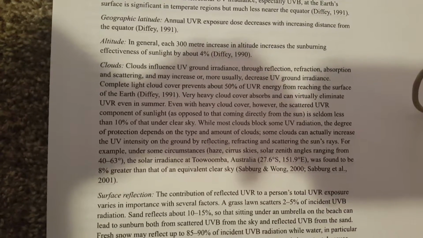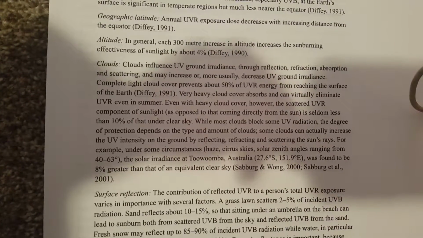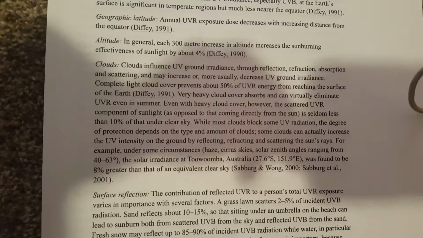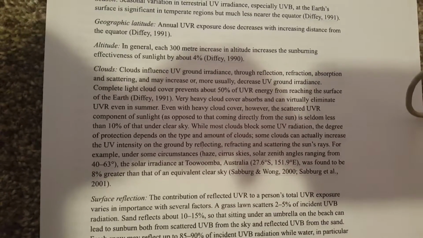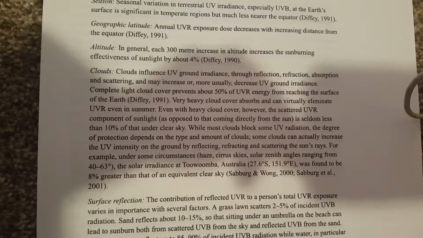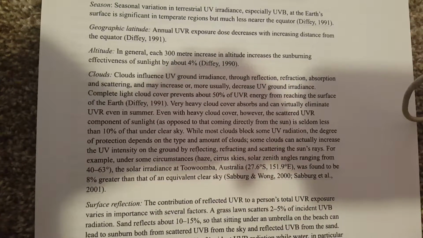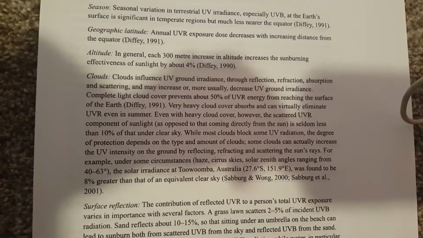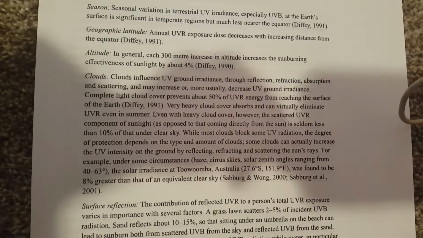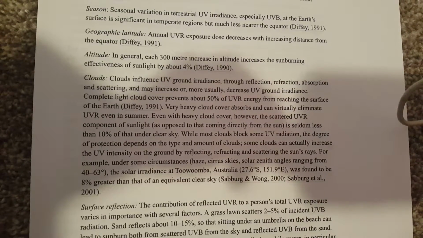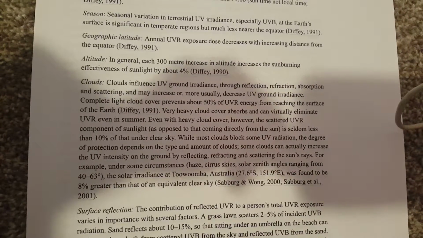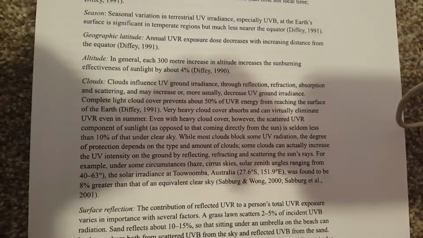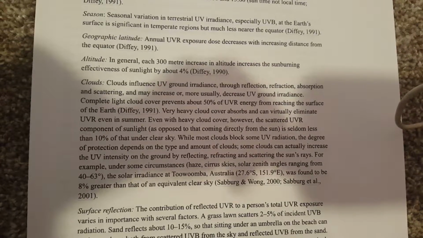Clouds: clouds influence UV ground irradiance through refraction, absorption, and scattering, and may increase or more usually decrease UV ground irradiance. Complete light cloud cover prevents about 50% of UVR energy from reaching the surface of the Earth. Very heavy cloud cover absorbs and can virtually eliminate UVR even in summer.